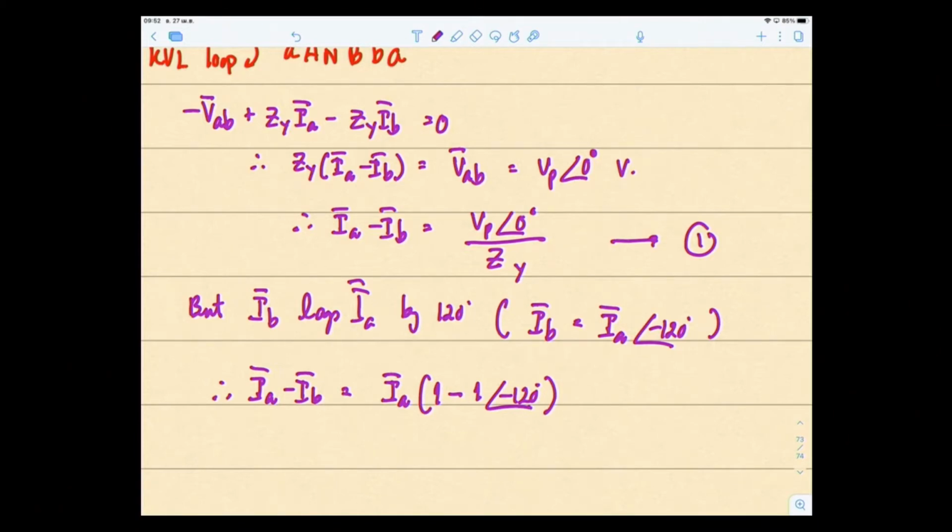Because IB is IA at minus 120 degrees. Or if you don't see it, I will say IA minus IA angle minus 120 degrees. Or express this in another term, you have IA times 1 plus 1/2 plus j root 3 over 2.